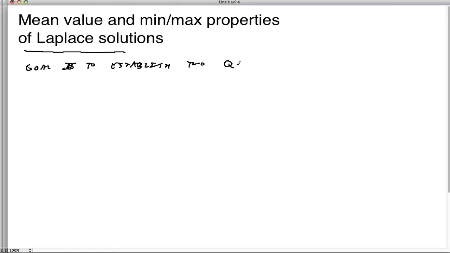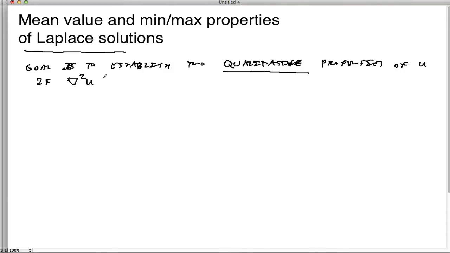You could call them quantitative as well, but I'm going to call them qualitative, even though they have precise mathematical expressions. They're qualitative in the sense that they are qualitative properties of u, if u is the solution to a Laplace equation equal to 0.